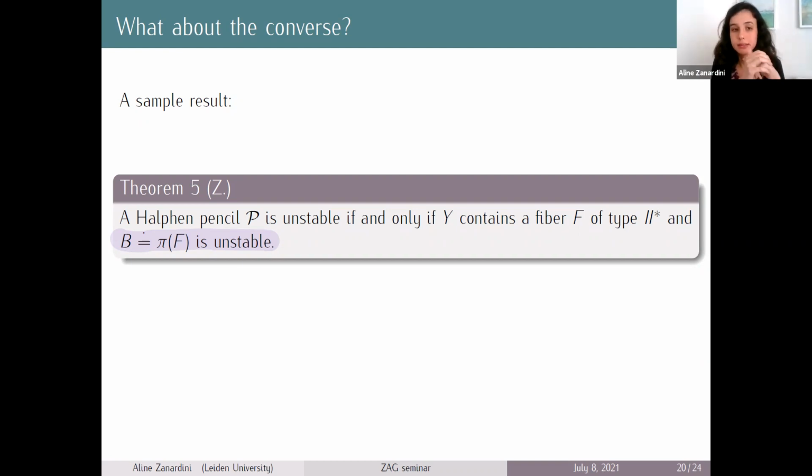Okay, and in particular, we see that the stability of the curves on the pencil plays a role in determining the stability of the pencil itself. Another natural question then is, can we say what the curve B looks like? Can we classify what the possible plane curves are that yield a fiber of type II star?